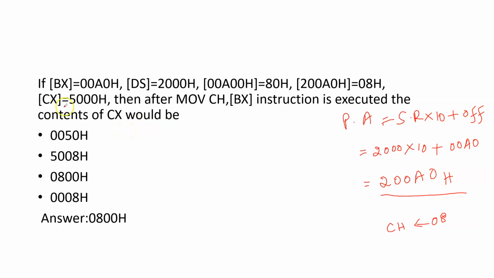Previously the value of CX is given as 5000. Now after the execution of this instruction, the CH value alone is changed. So 50 now becomes 08, and the value in CX is 0800. So the option is the third option, that is 0800.